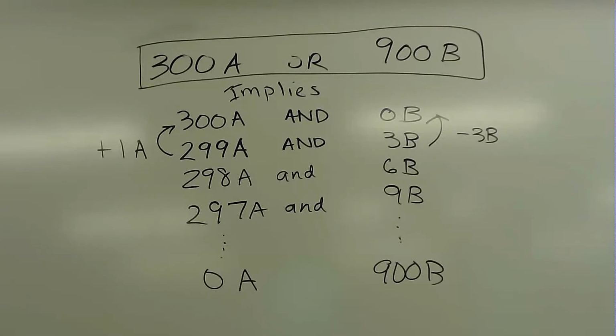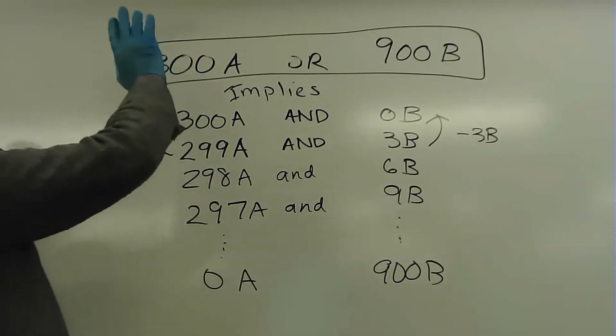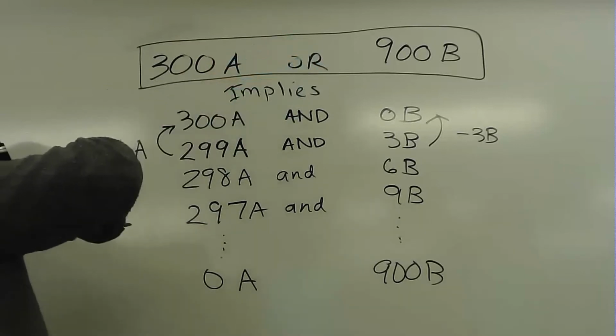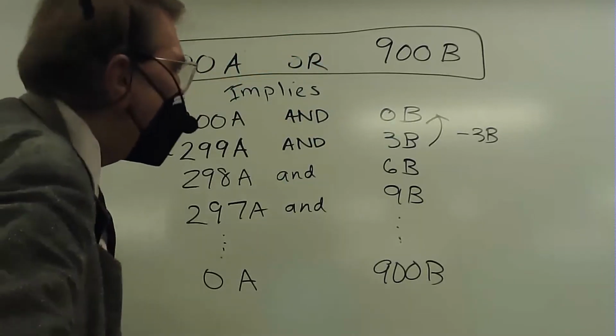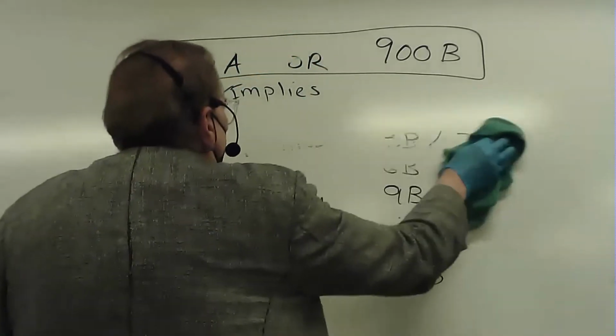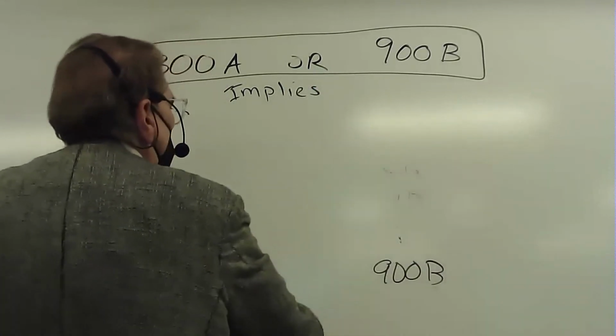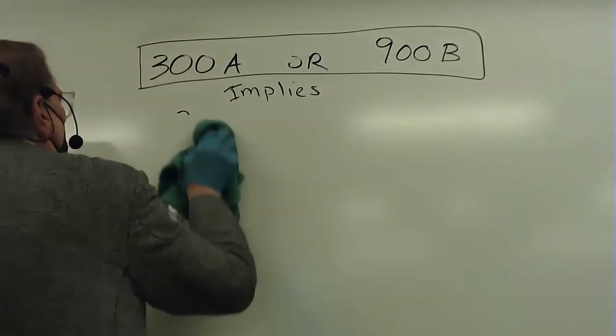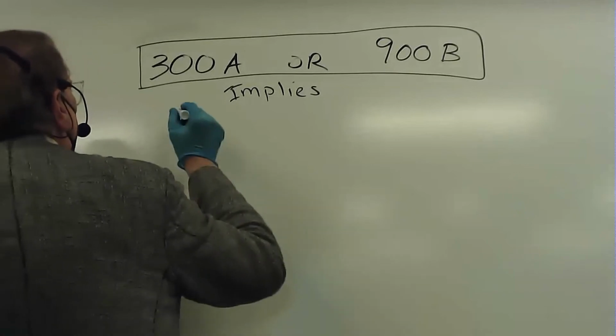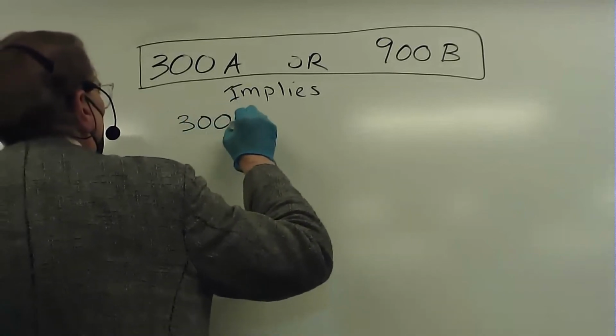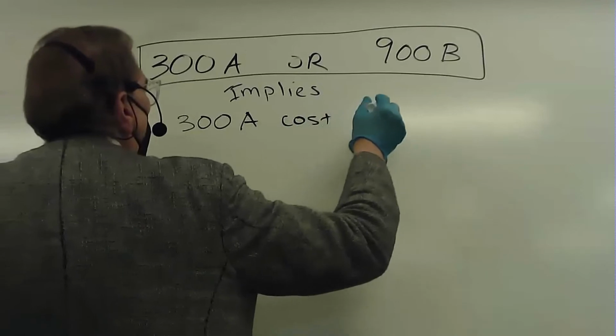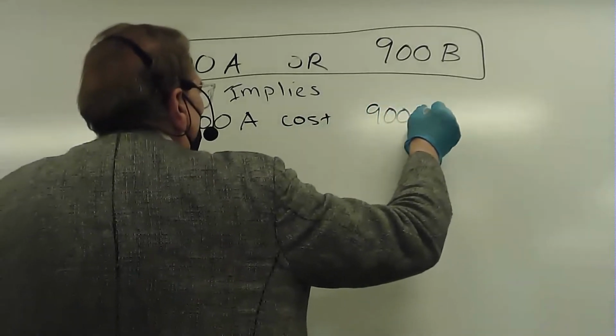What we could do instead is say the 300 A's or 900 B's, in addition to implying this whole table, also implies, since this is an "or," that if you made the 300A, it would cost you 900 B's that you'd have to give up.